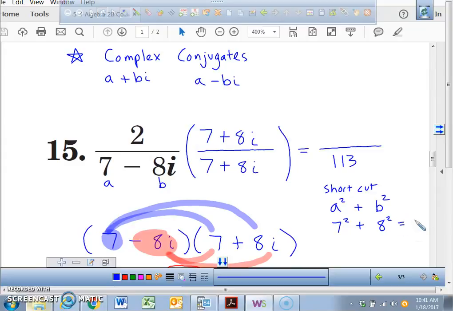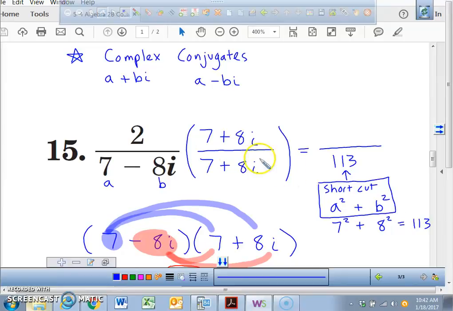What was that in this case? 113. So in your journal, write that the product of the complex conjugates will always be the a value squared plus the b value squared. That's your shortcut.